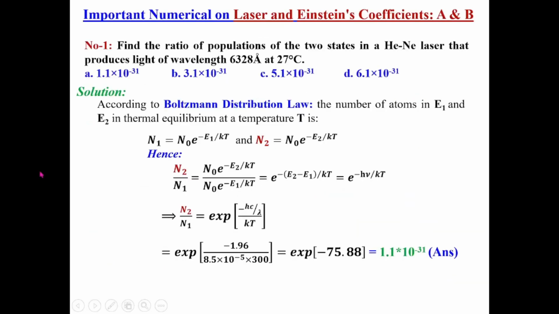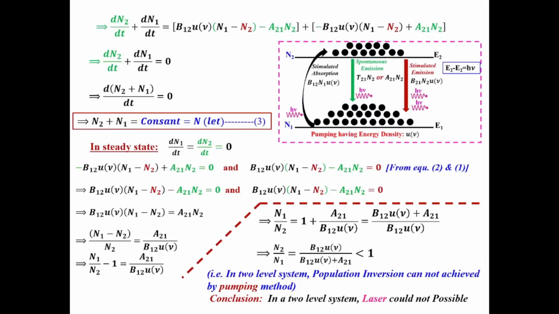Here is the first question. It is given: find the ratio of the population of two states in a helium neon laser that produces light having the wavelength 6328 angstrom at 27 degrees centigrade. Here we are going to use the Boltzmann distribution formula.